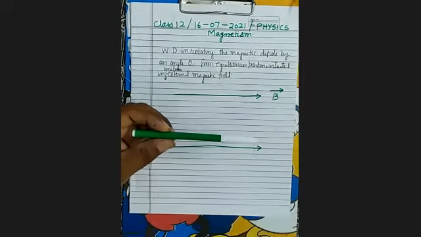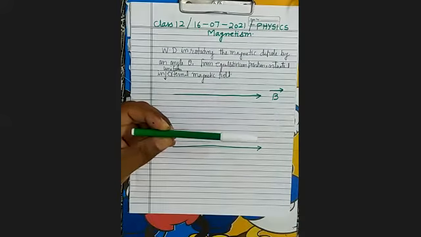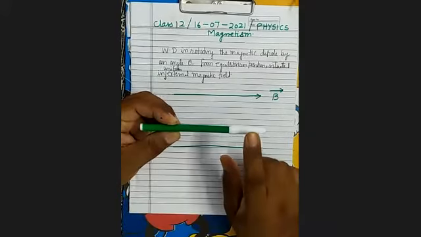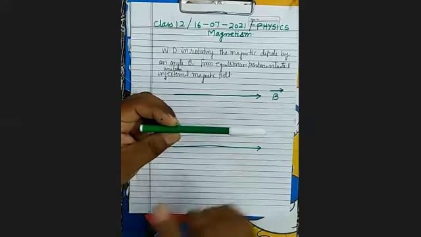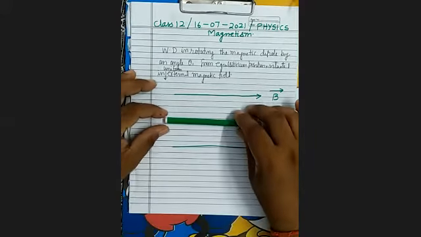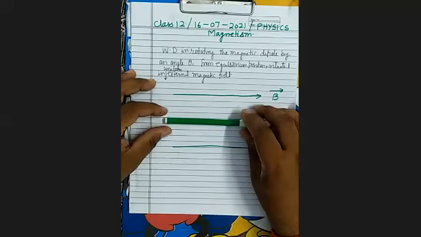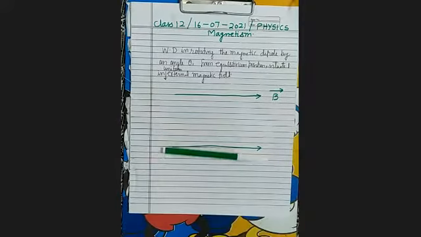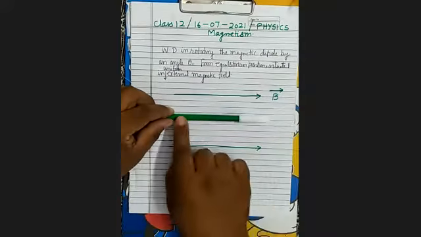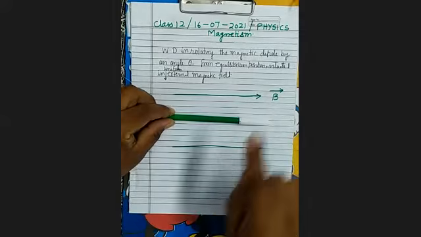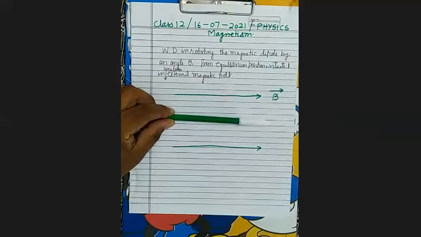We have taken this as north pole and this as south pole. This will be the stable equilibrium position of the dipole that I have told yesterday. That if the magnetic moment vector and magnetic field vector are parallel, it will be in the stable equilibrium position.